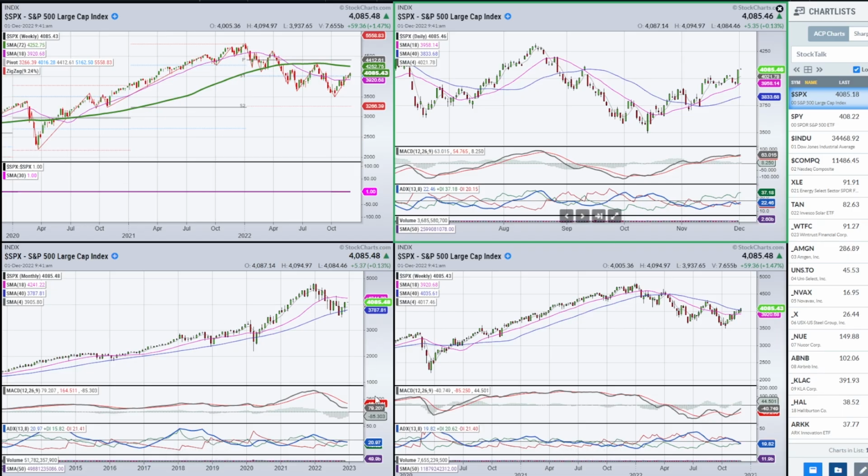Okay, so I want to do a little extra time because I do want to go through the indices today before getting through all the requests that came in. So S&P, as we talked about last time I discussed this on this show, we had this momentum divergence in place in MACD.